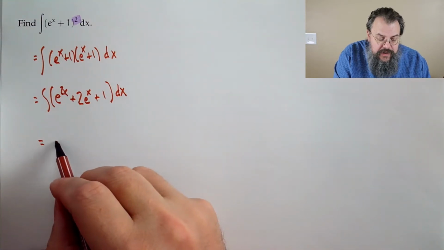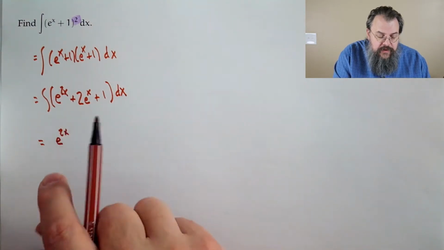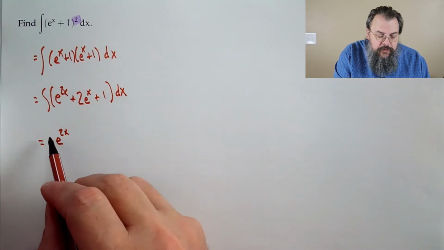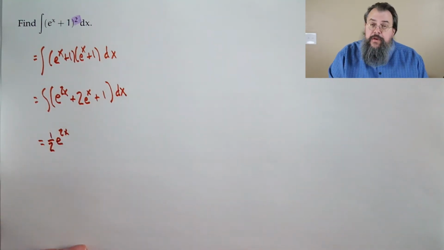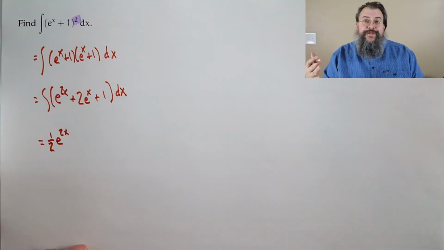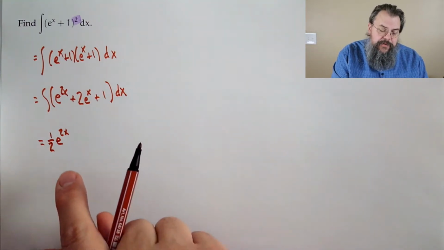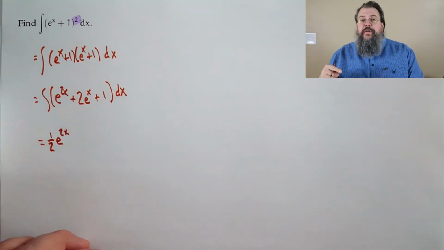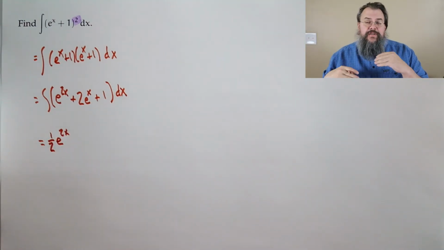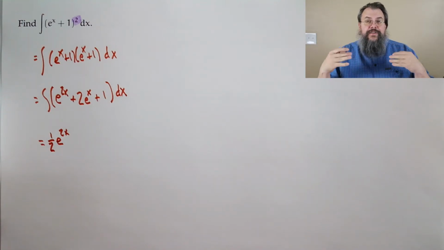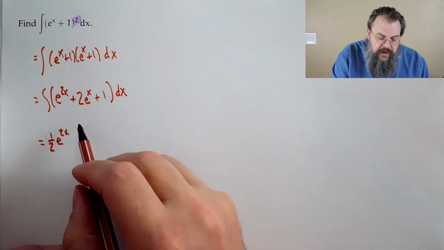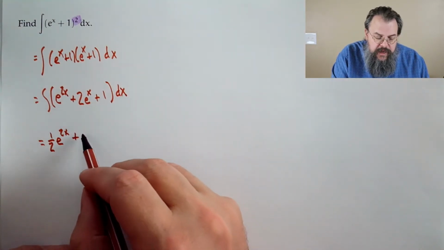Well, the answer is if it's e to something times x, constant times x, you multiply in front by the reciprocal of the constant. It's one of our rules that we have. So if I have a function inside of a function where the inside function is really simple, a constant times x plus another constant, then I can say, okay, integrate the outside like I normally would and divide in the front by that constant.